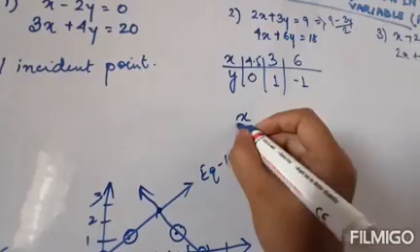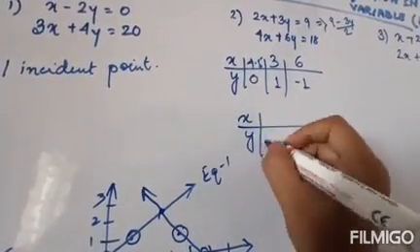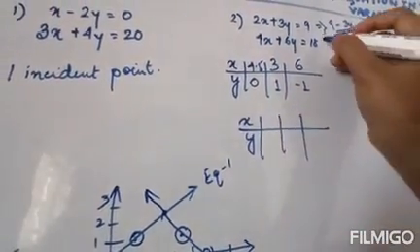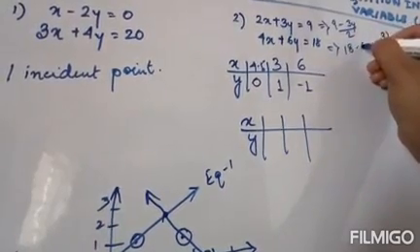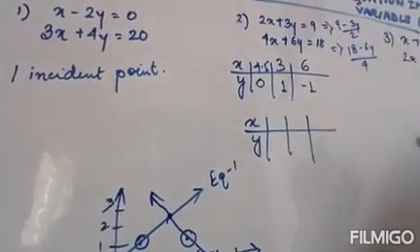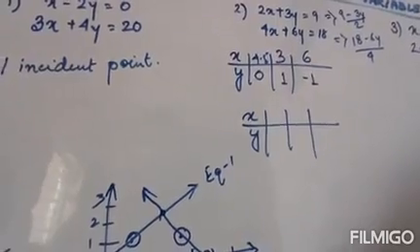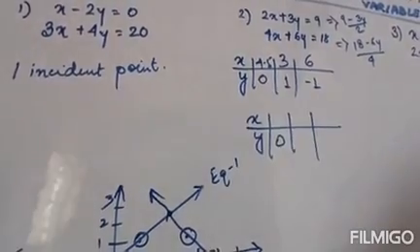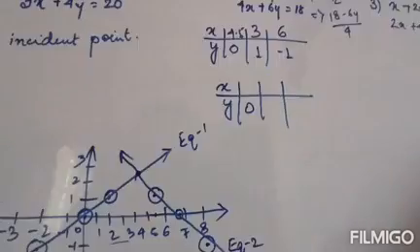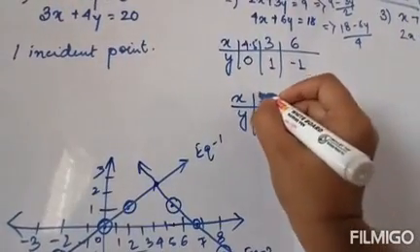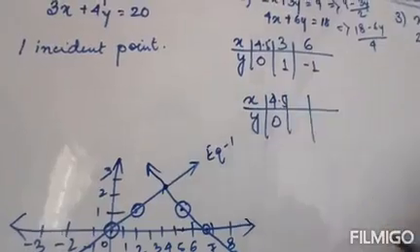Okay, second one. Here also it will be x = (18 − 6y)/4. Again, if I take y as 0, 18 by 4, which means 4.5, correct?